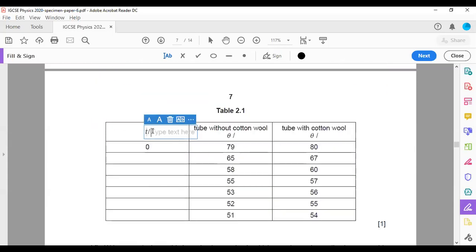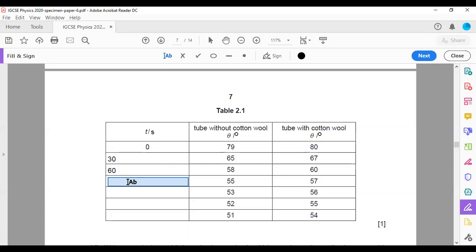So time is given in seconds, and your temperature is given in degrees. The first starts off at 0, then 30. After 30 seconds, another 30 seconds again. 30 plus 30 is 60.